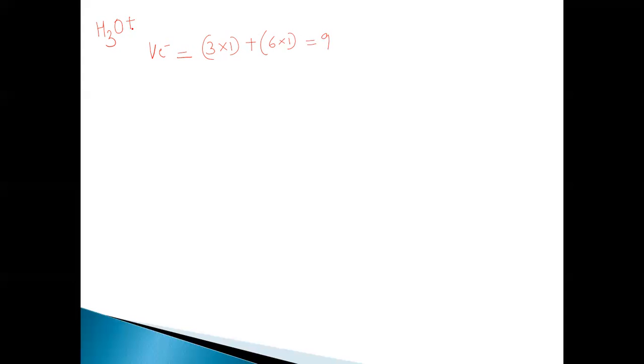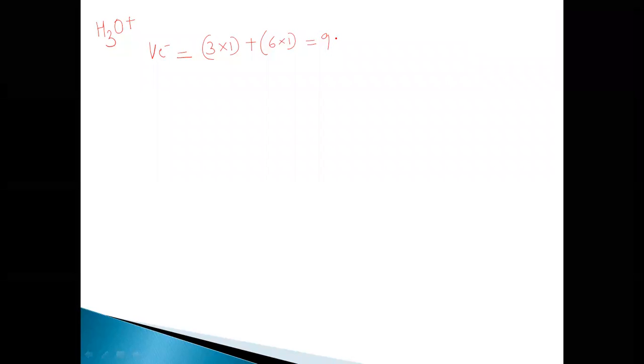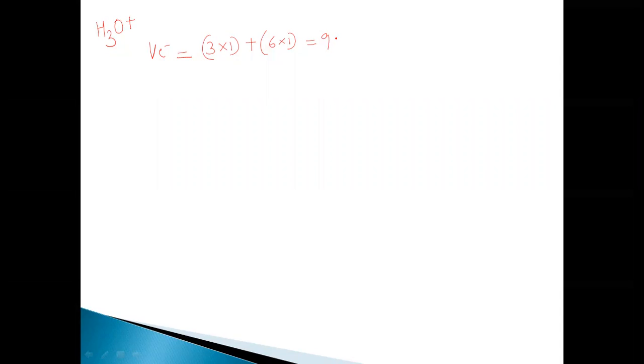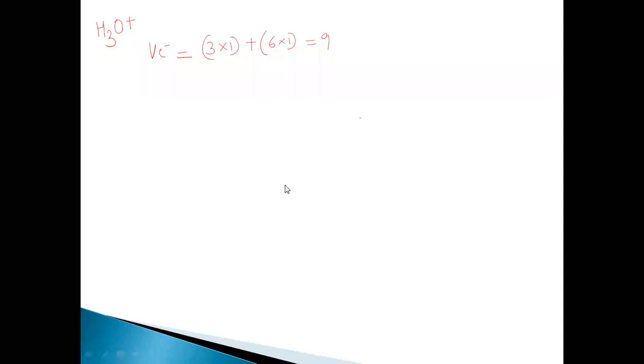If there is a positive charge, we subtract one electron because of the positive charge. So there is a total of 8 electrons in this.